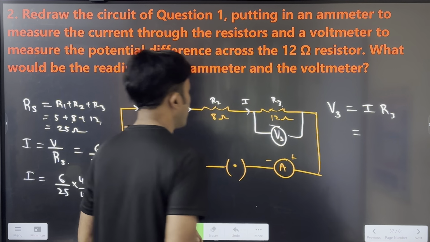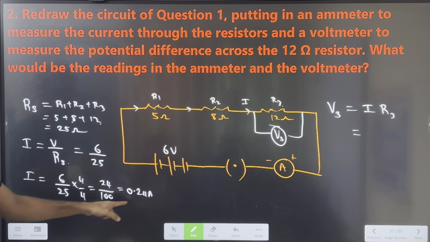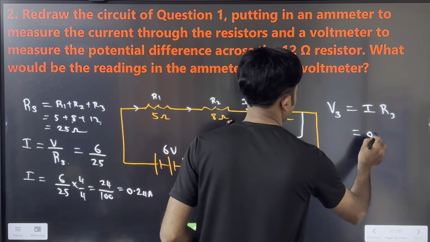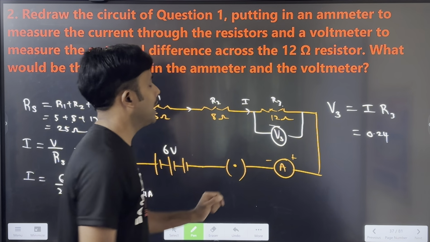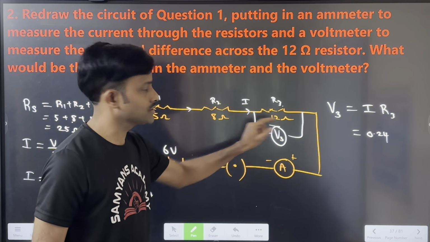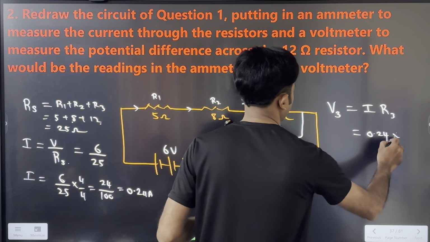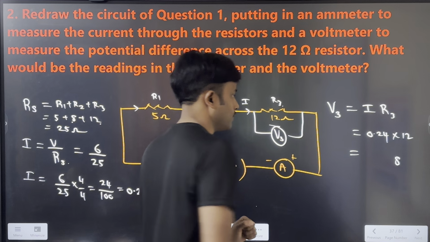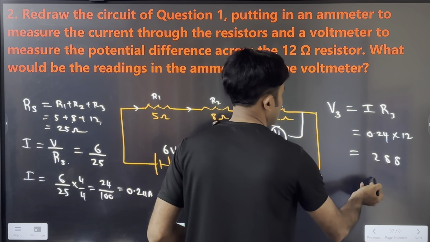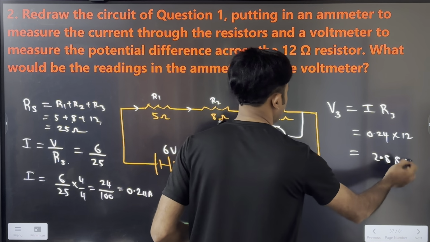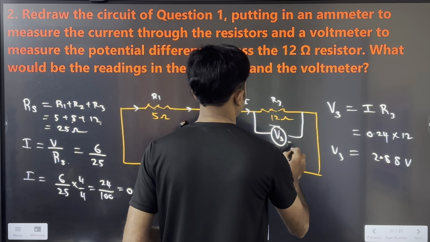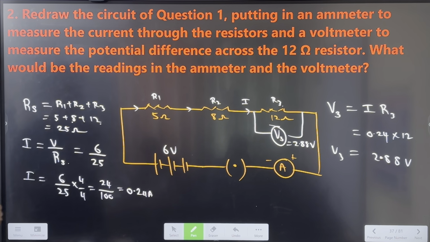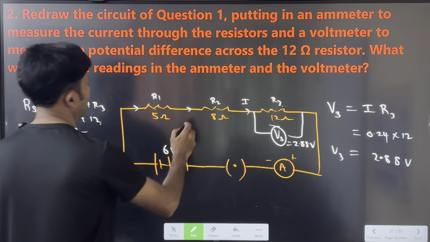The current value we just got is 0.24 ampere, and the resistor value is 12 ohm. 0.24 into 12: 12 times 4 is 48, 12 times 2 is 24 plus 4. After two digits you put the point, so it equals 2.88 volt. The potential drop across the 12 ohm resistor is 2.88 volt.